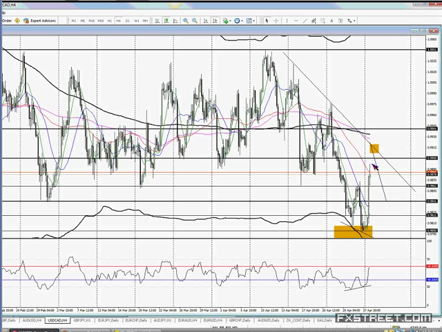So basically I would plan on a couple of entries. The reason for that is if your first entry doesn't work out, and then the market does push a little higher, but it's still within the context of your bearish outlook, then another entry can improve your reward to risk. How does that happen? Well, let's say 98.90 is your entry.